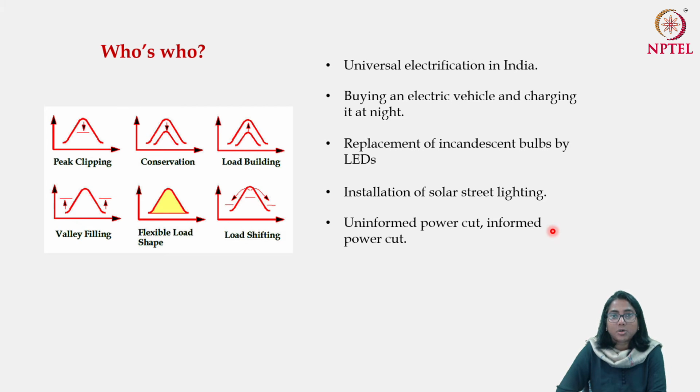So you can manage, or you can alter your behavior. This means that when there is an informed power cut, you are shifting some X amount of load from your peak period to the off peak period, as you are heating up your food before the peak period approaches, right? So if this is an informed power cut, then you can imagine this is the case of load shifting.